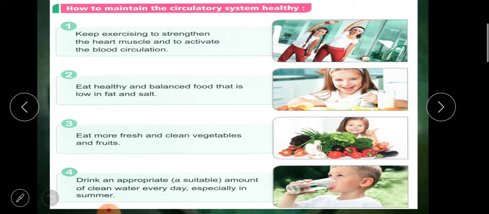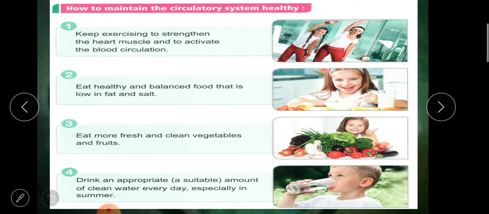Number 2, we have to eat healthy and balanced food that is low in fat and salt. So our food must be healthy and must be low in fat and salt. Number 3, eat more fresh and clean vegetables and fruits. Our food must contain a lot of vegetables and fruits, and for sure they must be fresh and clean.